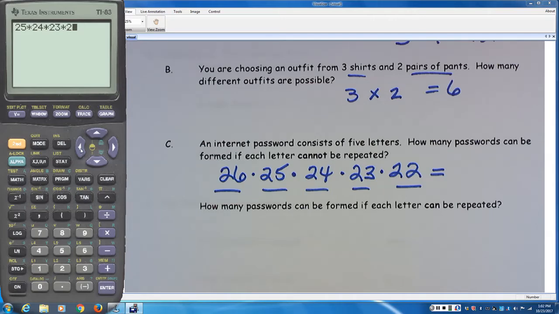I forgot my 26. 26 times 25 times 24 times 23 times 22 times nothing else is 7,893,600.